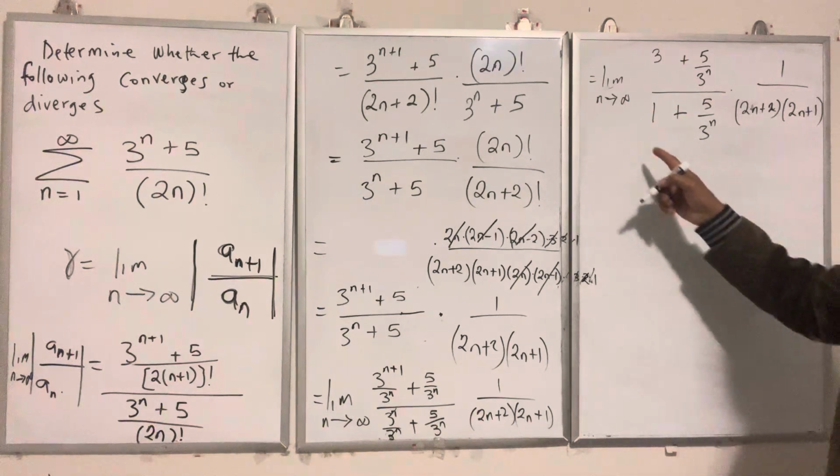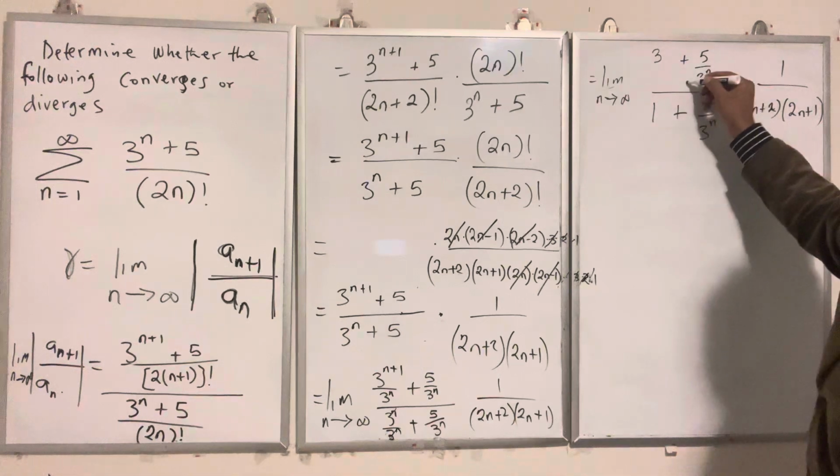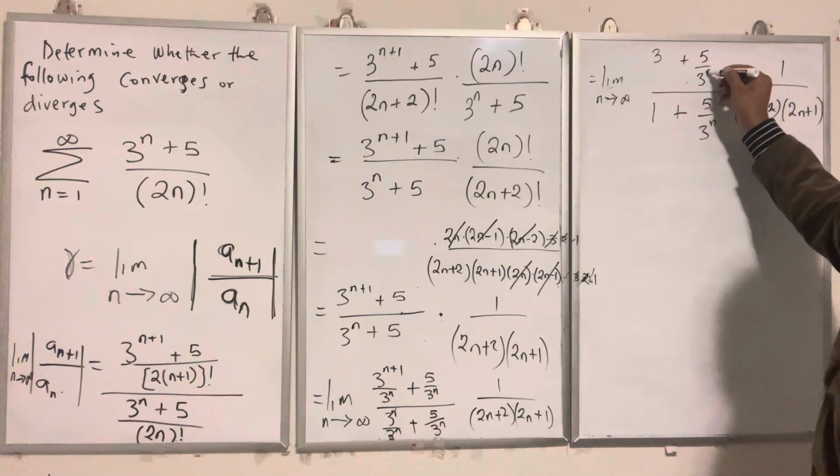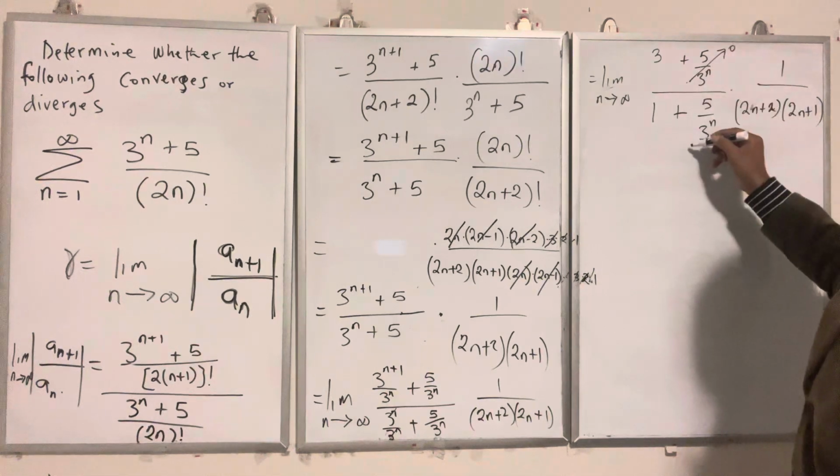So in the limit as n goes to infinity, 3 raised to n will go to infinity, and so 5 over 3 raised to n goes to 0.